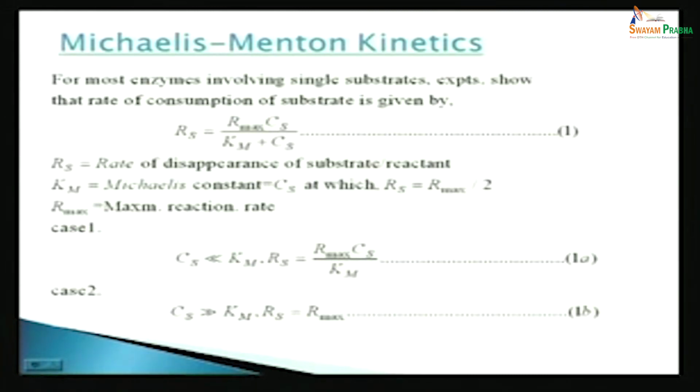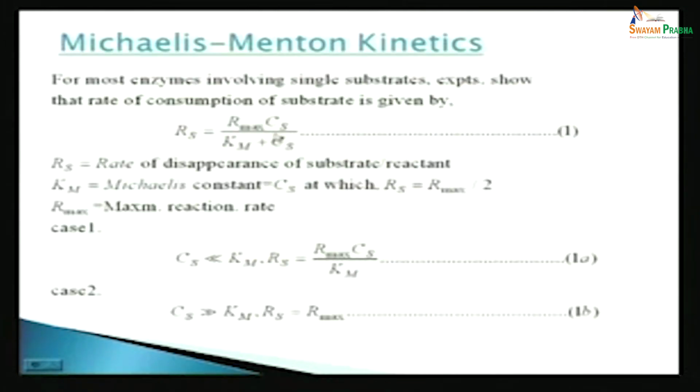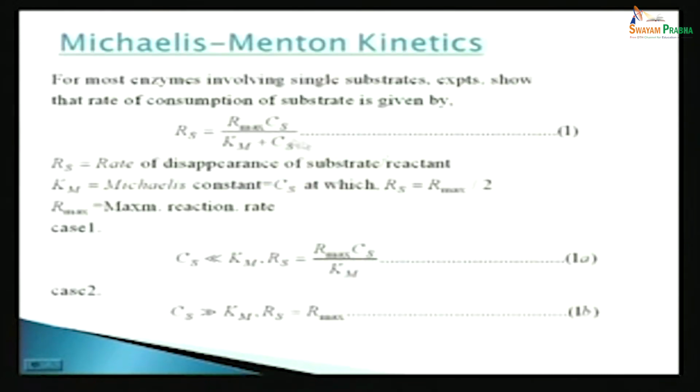When this reaction of E plus S giving P is there, what is the rate at which S is being consumed? That rate depends, of course, on CS, but in the absence of an enzyme, for example, it would be first order in S, or it could even be second order in S, but the way this reaction is written over here, it would have been a first order reaction in S, right?